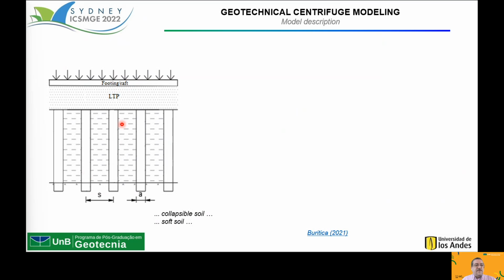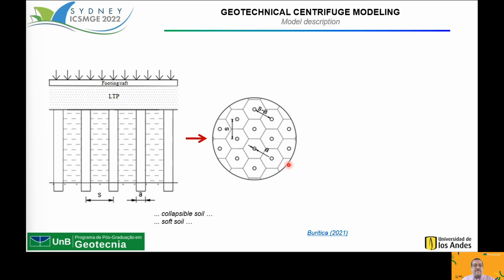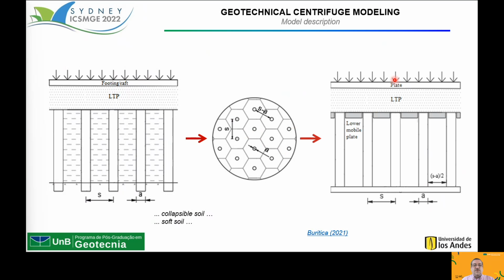The model conception is this, the prototype. We have a footing or a rough foundation. Then we have the compacted soil. We have the reinforced soil, that can be a collapsible soil or a subsoil. And here we have the inclusions. The model was simplified by a circular footing or a circular raft with a hexagonal distribution of the inclusions.